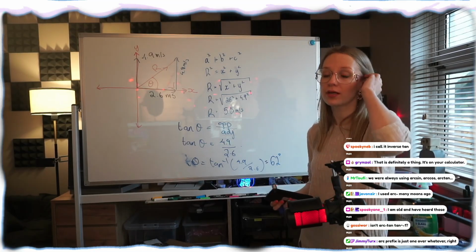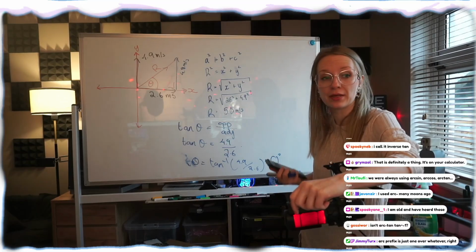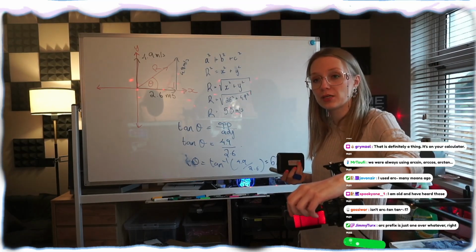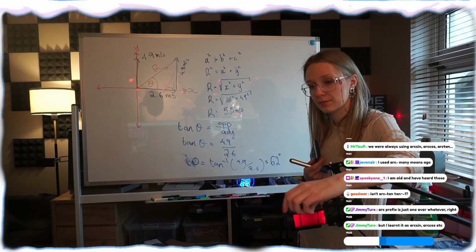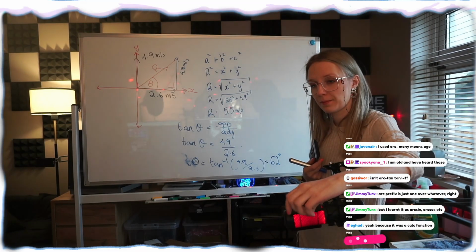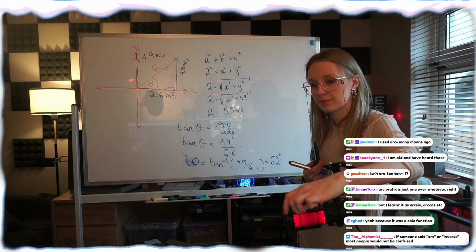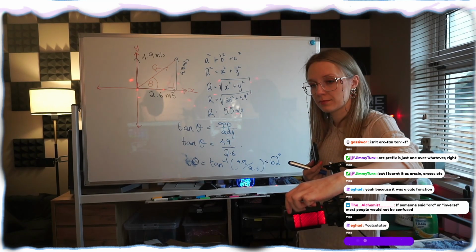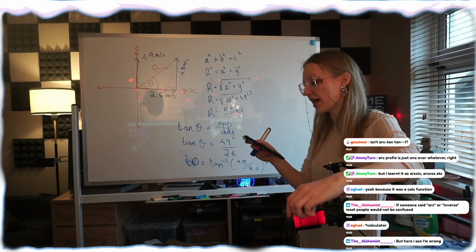Yes, that's what I think it is, Gossie. So that's the word I was using the whole time, but the students were unfamiliar with that term. Yeah, okay. Okay, I don't have arc on my calculator.